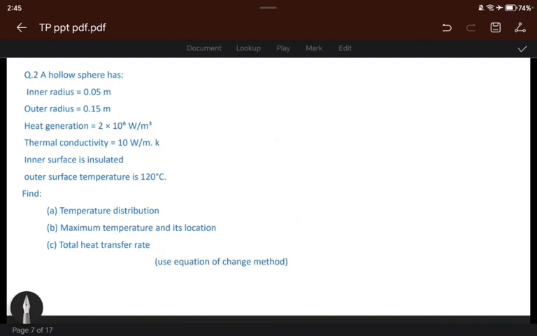So our question is, a hollow sphere has inner radius ri, that is 0.05 meter, and outer radius r naught equal to 0.15 meter. Heat generation is 2 into 10 the power 6 watt per meter cube. Thermal conductivity is 10 watt per meter Kelvin. Inner surface is insulated.